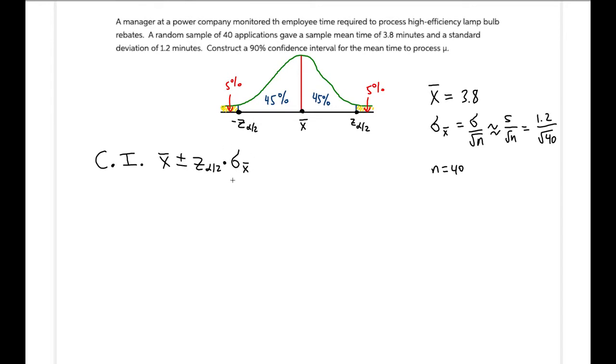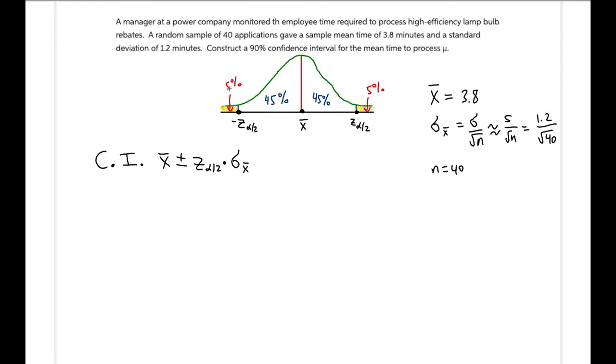Since the normal distribution is symmetric, we have half on the right side of the mean and half on the left side. For the same reason, 90% can be divided into two equal parts.